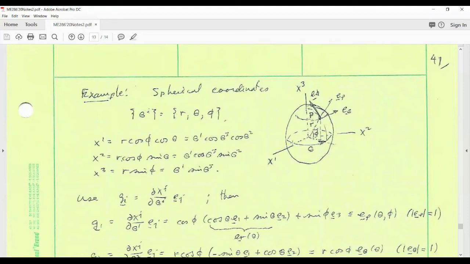So we can think of the x1 axis here as corresponding to 0 degrees longitude. This would be like in Greenwich, England, for example. And r is the radius of the sphere. So that's the distance of our point from the origin.